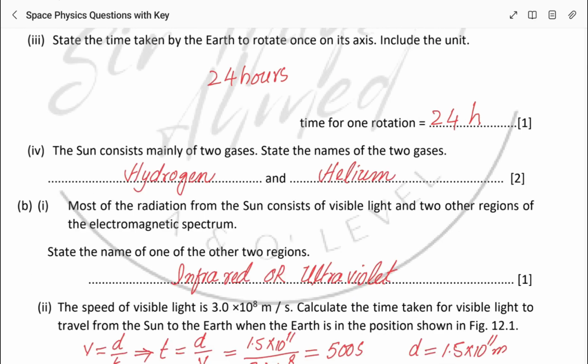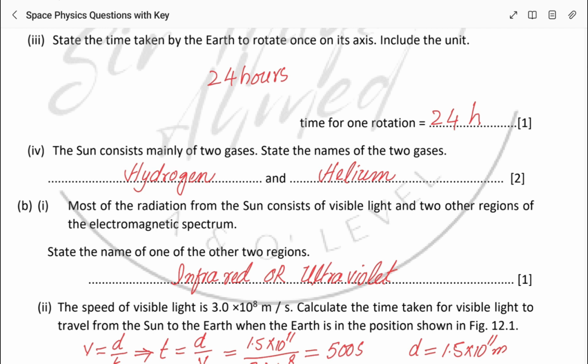Part 4, the sun consists mainly of two gases. State the names of the two gases. Students, we have already done this in the previous question. The gases are hydrogen and helium. Now part B1.